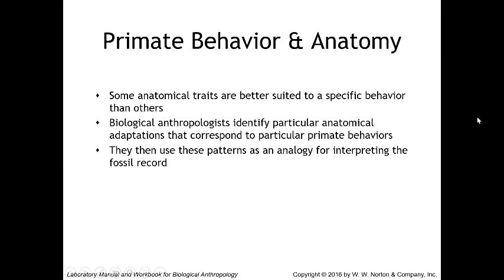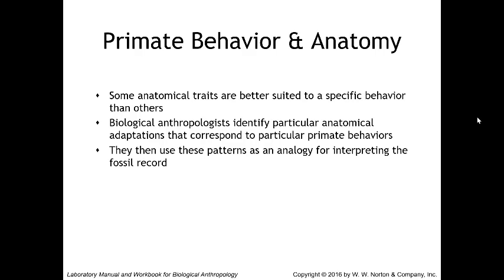So let's get started. Some anatomical traits are better suited for a specific behavior than others, right? Therefore, if a population practices that same behavior for many generations, we find that the particular anatomical traits are selectively favored and they become more prevalent in the population.